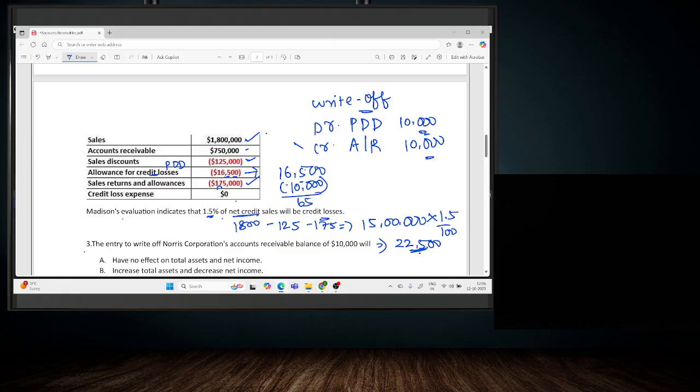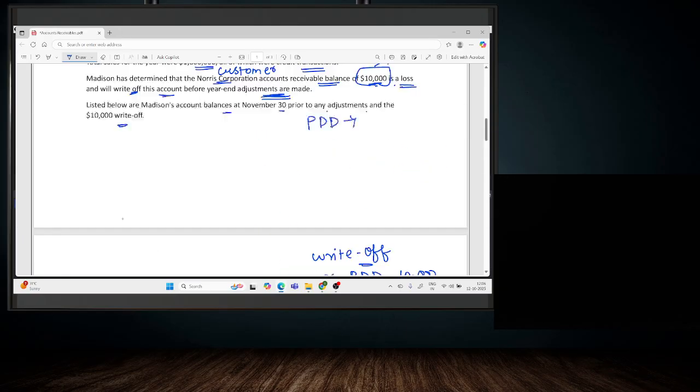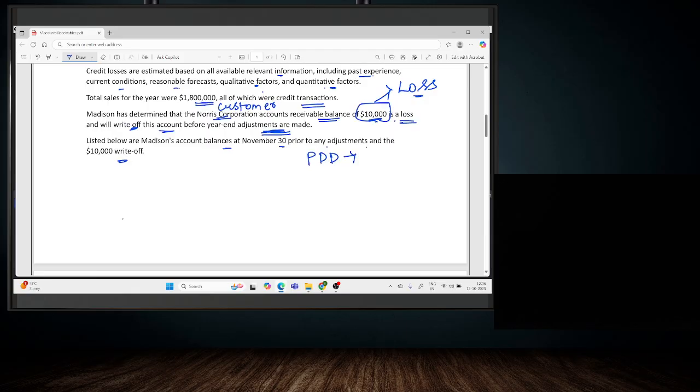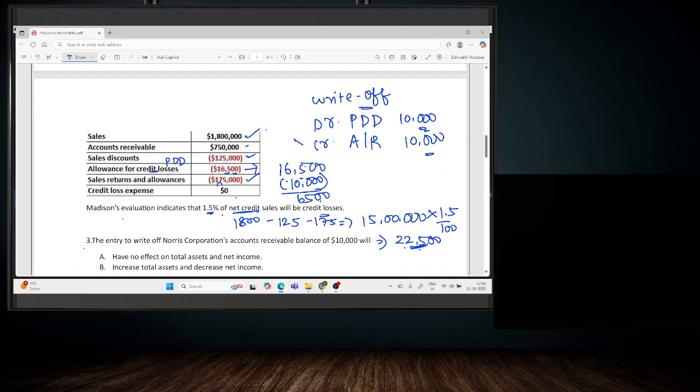So what is the balance we have? 6,500. To the 6,500, we will add this 22,500. That is what they are saying by before making any year-end adjustments, this 10,000 is written off. The meaning is, before adding 22,500 to 16,500, we will subtract this 10,000. That is the meaning, right?